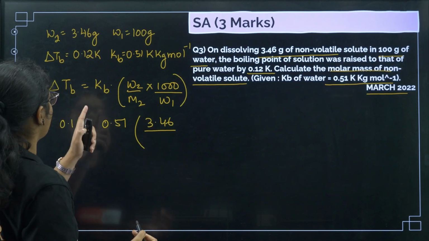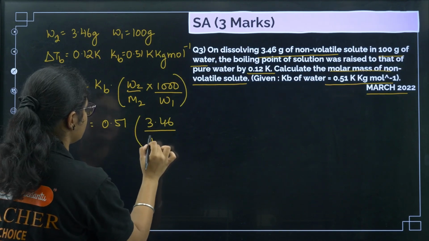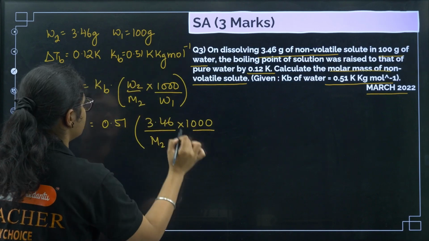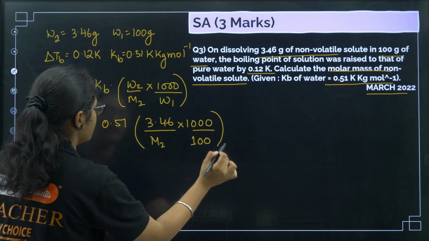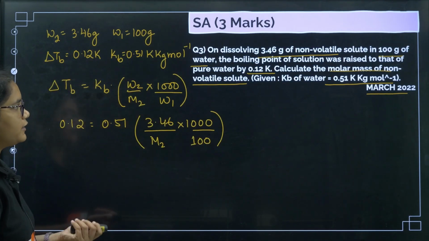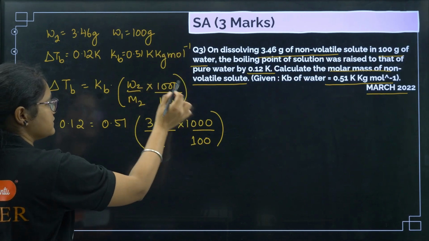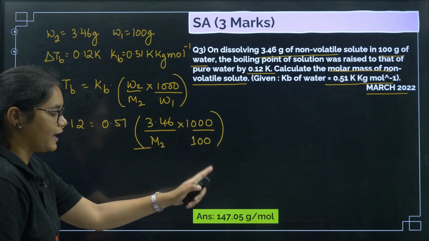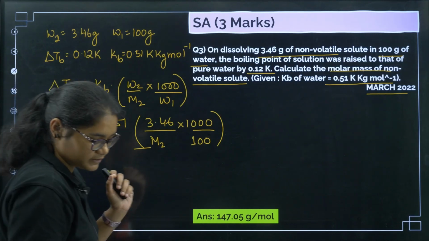Okay, then M2 we need to find into 1000, okay, by W1 is 100 gram. Okay, now you can solve this and find the value of M2. So this will be your first step, this is second step, this is third step, and writing the correct answer with units and making it a box will be your fourth step.